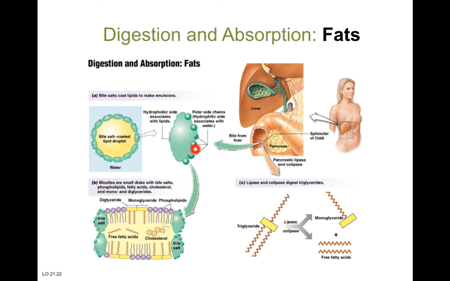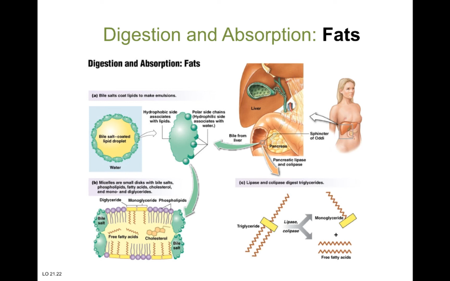So the bile starts coating the lipids, and through mechanical digestion, the small intestine contracting and relaxing, it's going to break these large lipid droplets into smaller forms that we then can start absorbing into our cells.